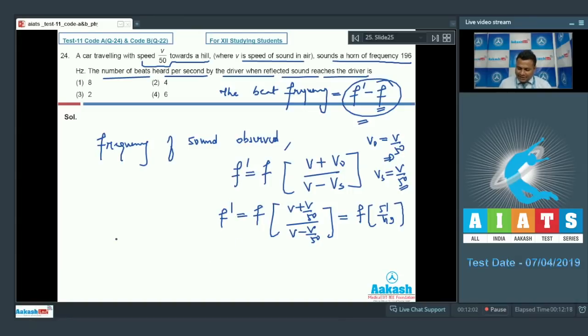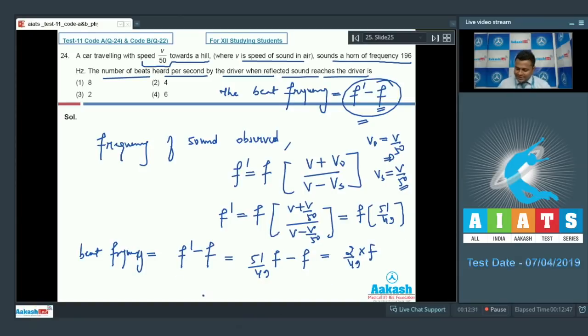Now student, the beat frequency therefore will be f dash minus of f, which can be written f dash, that is 51 by 49 f minus f, that is 2 by 49 into f.